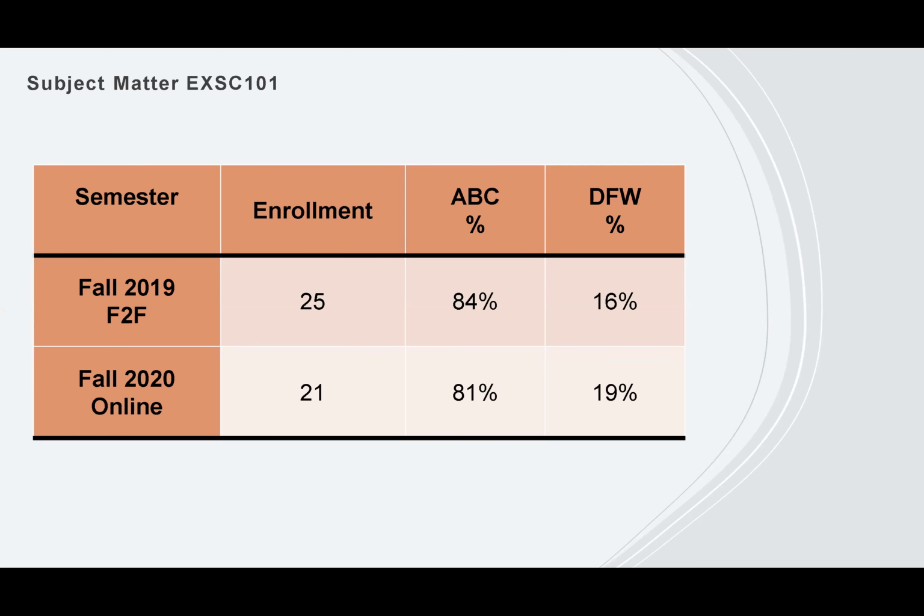And I should also add that this Exercise 101, even though it's a 101 course, the content is fairly heavy, or complex, because it is a science-based course. So to get students who demonstrated that they really did get the information, I thought it was a win.